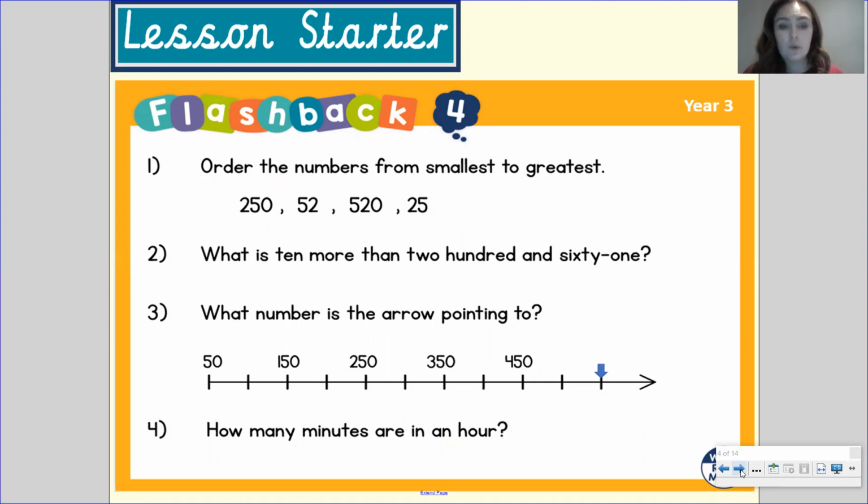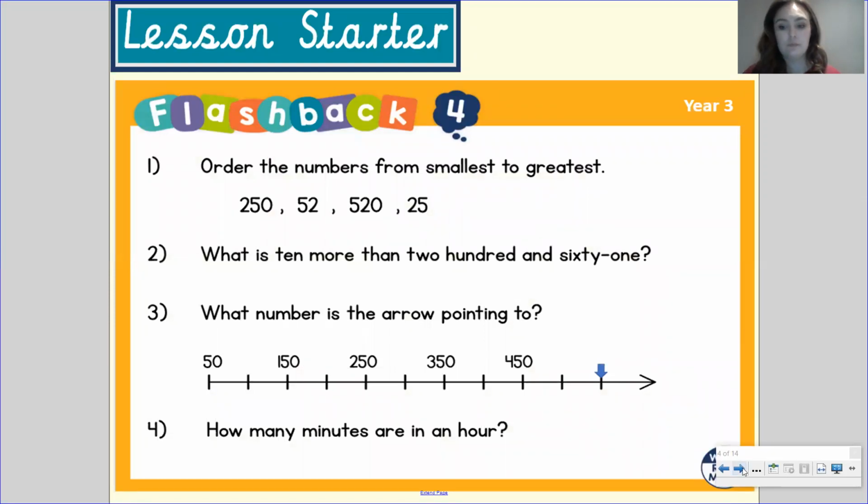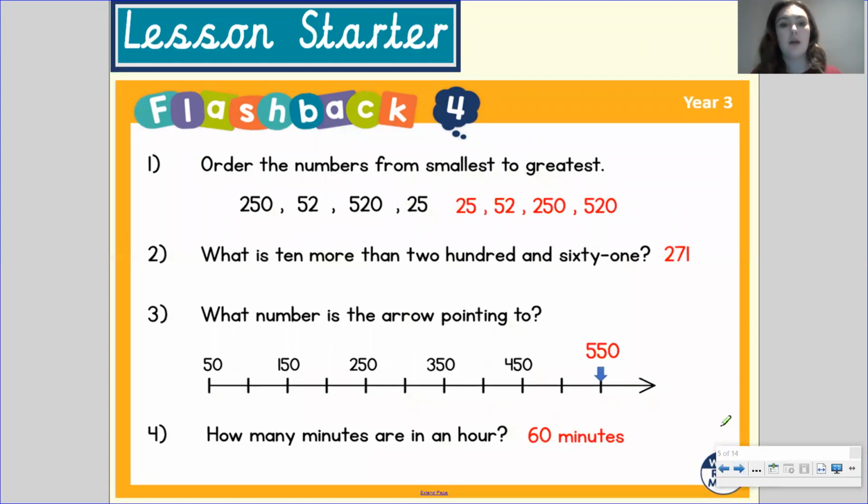Once you have answered the questions, press play and we will go through the answers. Okay, question number 1 says that you needed to order the numbers from smallest to greatest. So you needed to start with the number that had the least value, which is 25.